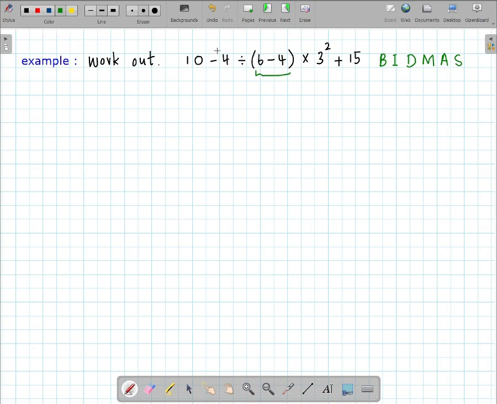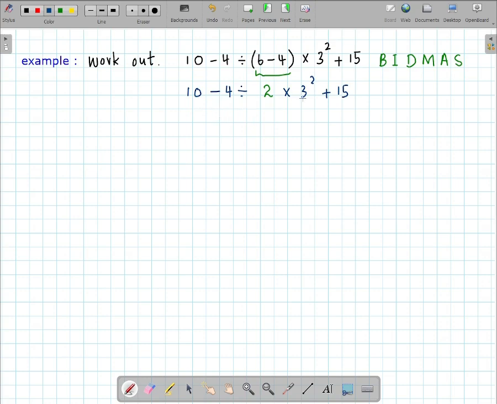So I continue writing the others. 10 subtract 4, division, and I can simplify the bracket, that is 6 subtract 4, that is 2, multiply 3 squared, add 15.